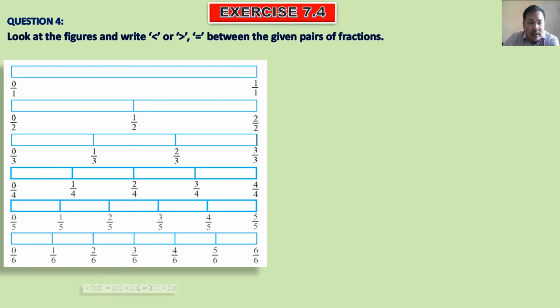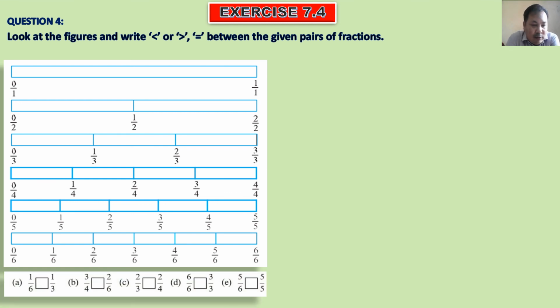My dear student, the question is asking to put the sign between the fractions in A, B, C, D, E. Five questions are there, and in between the fractions boxes are there. In the box we are going to keep the sign. First of all, let us see A. It compares two fractions, 1 by 6 and 1 by 3.